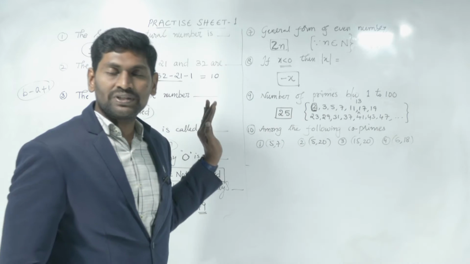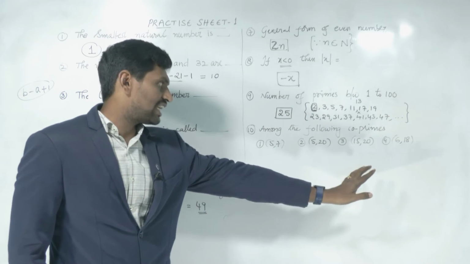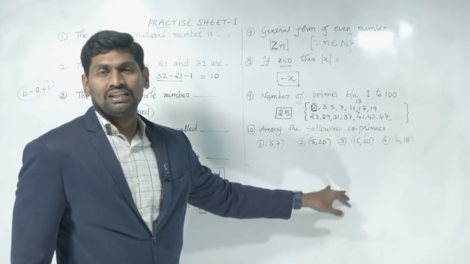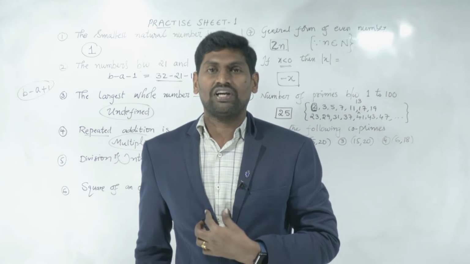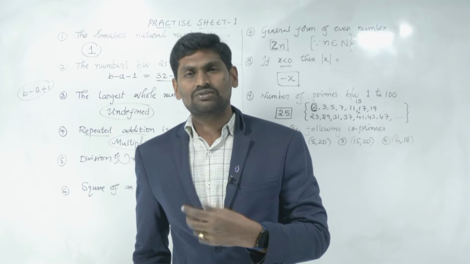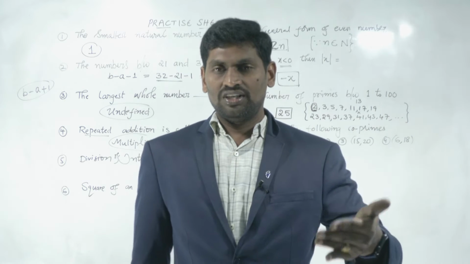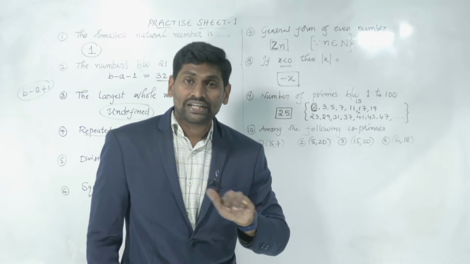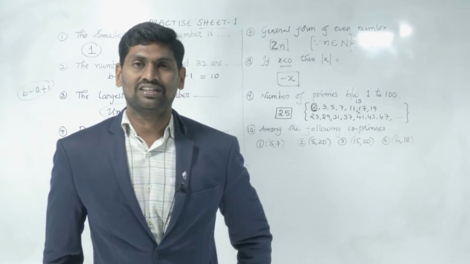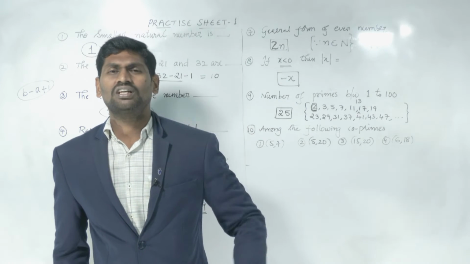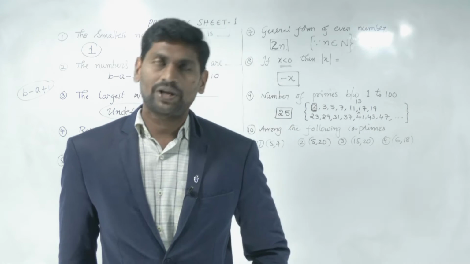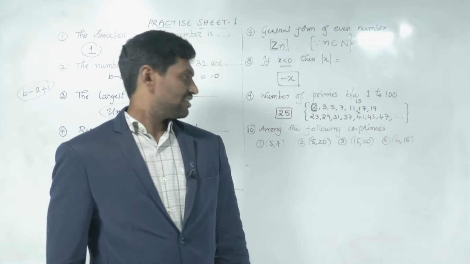But the condition should be satisfied: according to co-primes or relatively primes, between the two numbers it must have only one as the common factor. Because one is a common factor for every number, no? So except that one, we should not get any common factors. That type of numbers are called co-primes or relatively primes.